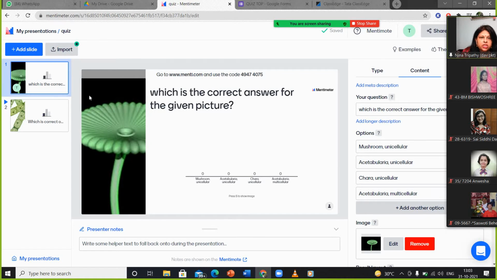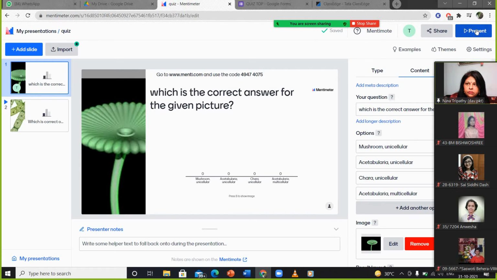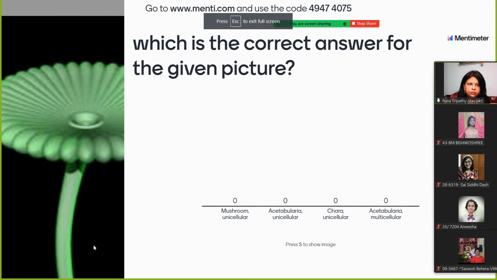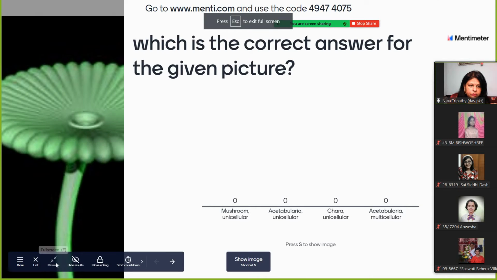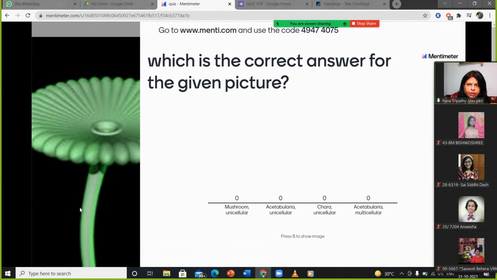Which is the correct answer for the given picture? Did you get the answer? What is the answer? Fill up that box. Did you fill up? Yes, ma'am. Okay. It is not showing to me.